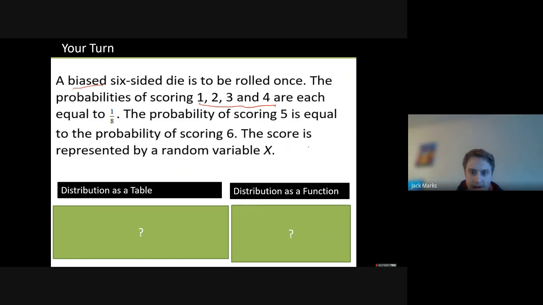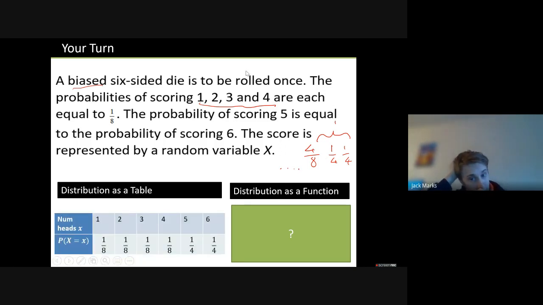Well, together they will add up to 4/8 then. The probability of a 5 or a 6 is equal. So if I know that they all must add up to 1, for 5 and 6, well, there's a half left, and that half will be split evenly. So I must have eighth, eighth, eighth, eighth, quarter, quarter. That must be the way that it's distributed. Okay? Because they've all got to add up to 1.